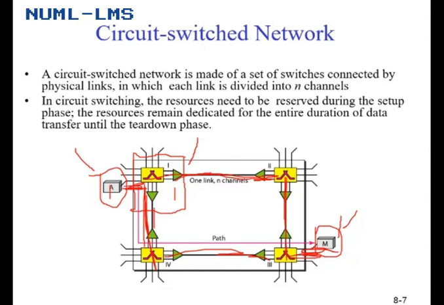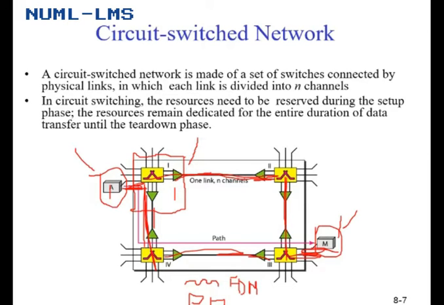So A will start sending data, which can be signals if we are talking about FDM, or packets if we are talking about TDM. Which one is circuit switch or packet switch? Sorry.